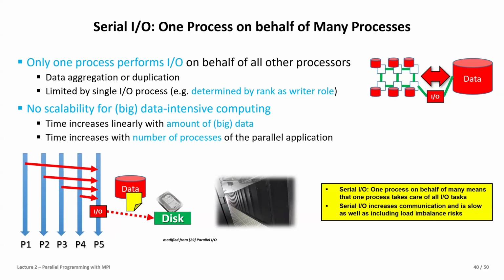So this is something where you can imagine automatically this will take a long time, right? You see that's the timeline here. So the first processor, okay, the second, the third, the fourth. So it is a long timeline. So this is really an increase in communication and also has lots of load imbalance risk. So everybody else is waiting here all the time until the I/O is done and they can continue processing.